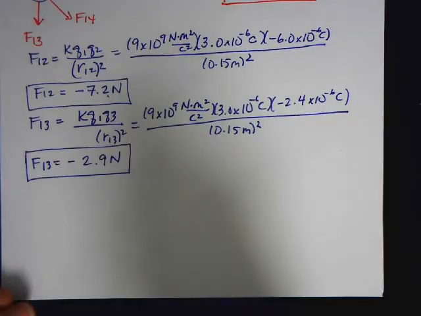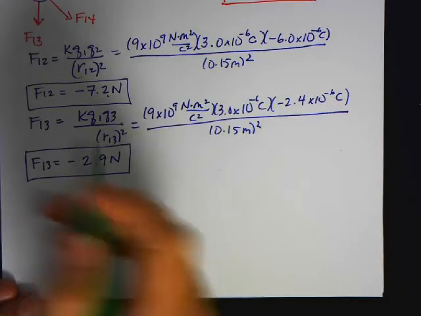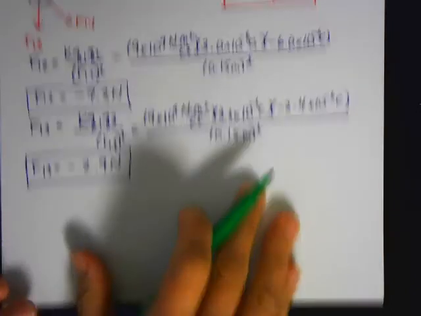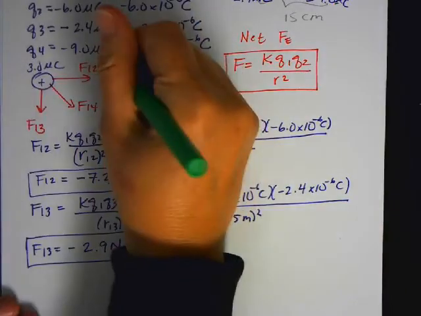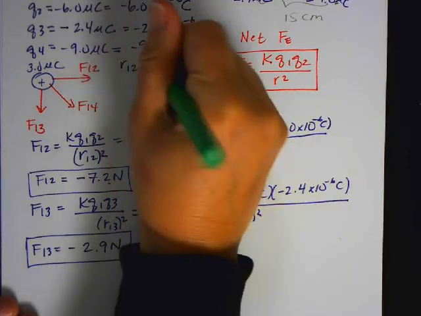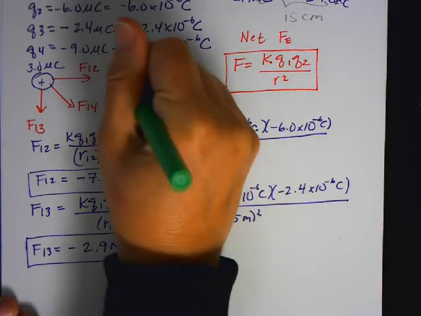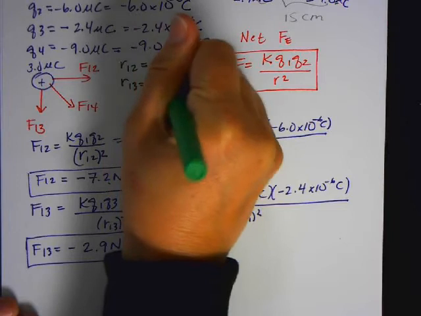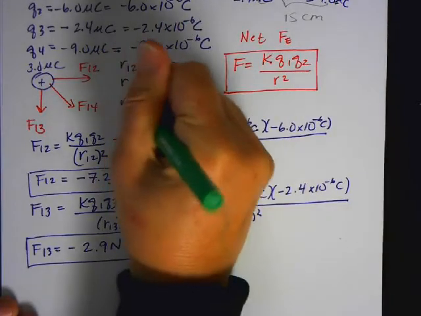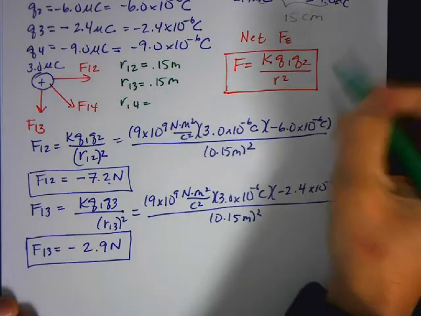Before I go on, I'm going to try and find that distance real quick. If you want, you can add that to your givens up here. R12 is 0.15. R13 was 0.15. And now R14, I'll just find over here to the side.